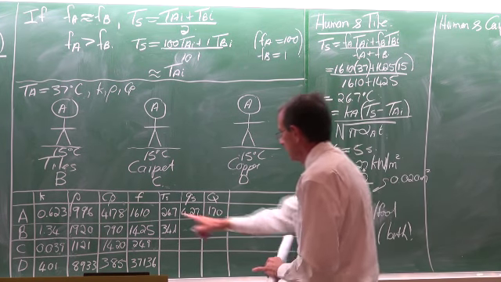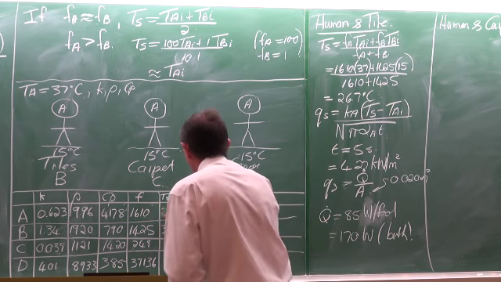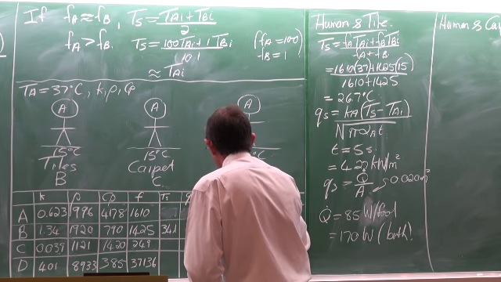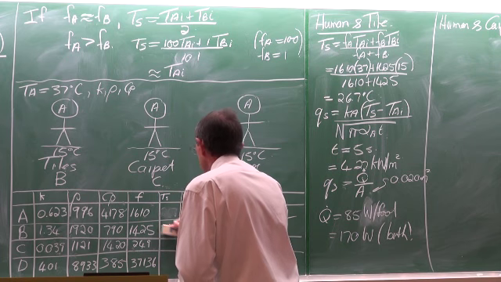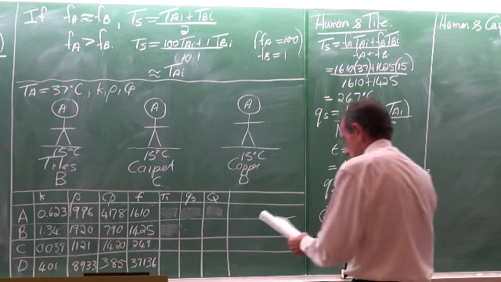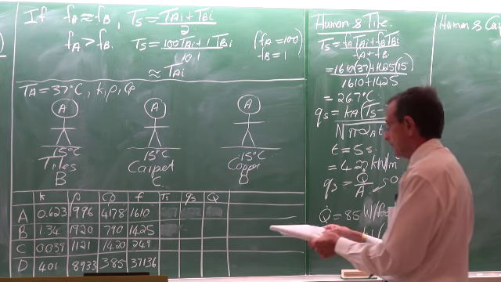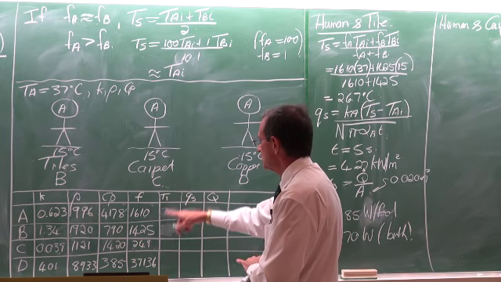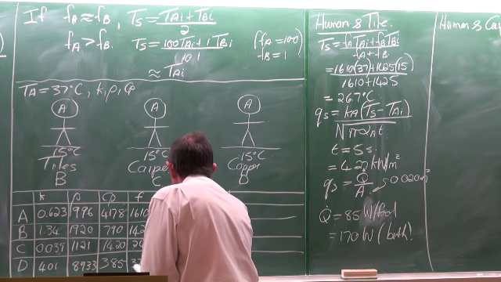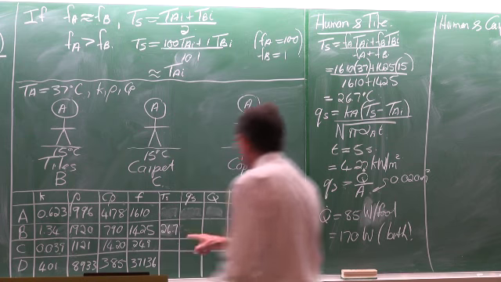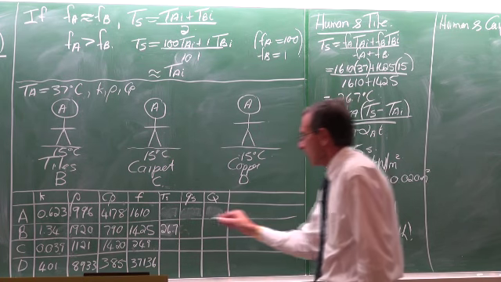Sorry, ladies and gentlemen, I wrote it in the wrong column. All this should just be one down. So this surface temperature is between A and B. So 26.7. So this is now empty.